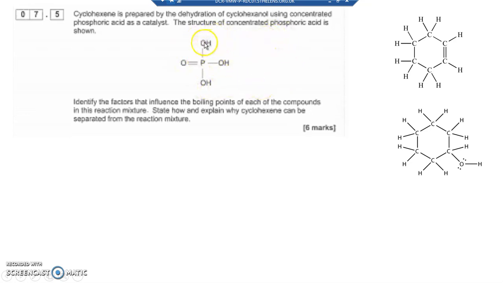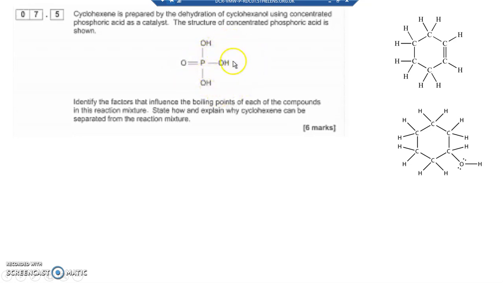I'll get a very large delta plus delta minus polar bond on the OH, and that will form very, very strong dipole-dipole attractions with the other polar bonds in the other 3 OHs on a neighbouring phosphoric acid molecule, and those very, very strong dipole-dipole attractions, when you've got an oxygen joined to a hydrogen, a fluorine joined to a hydrogen, a nitrogen joined to a hydrogen, that's called hydrogen bonds.